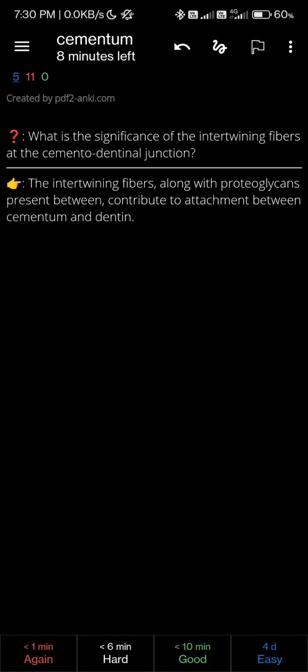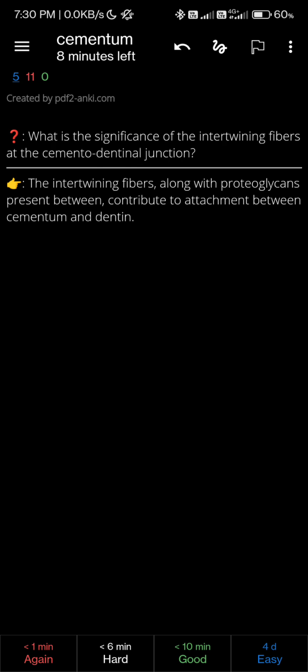What is the significance of intertwining fibers at the cemento-dentinal junction?